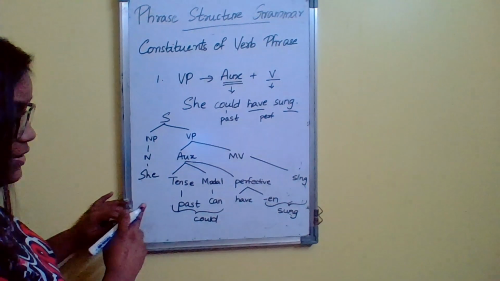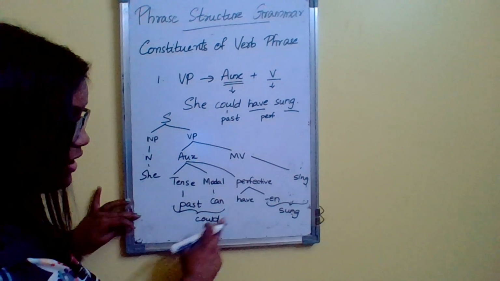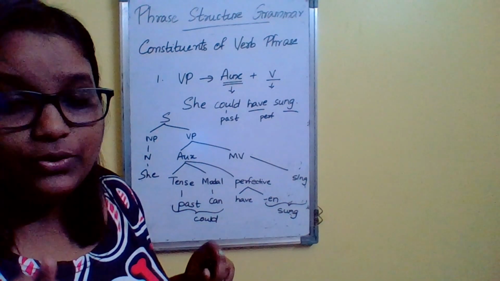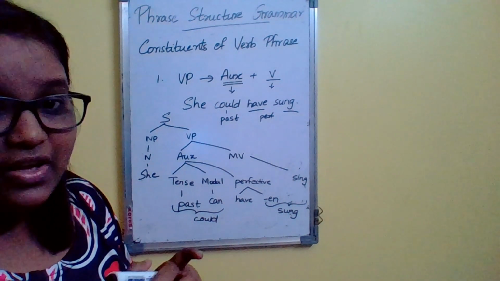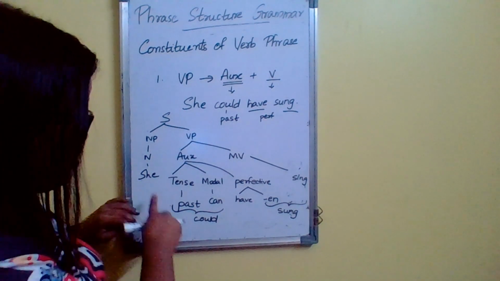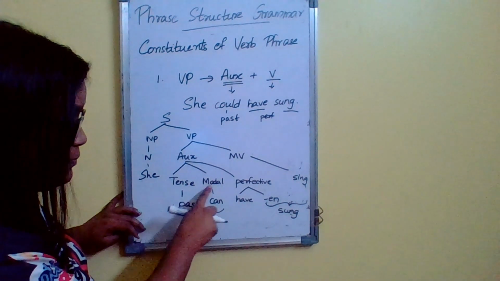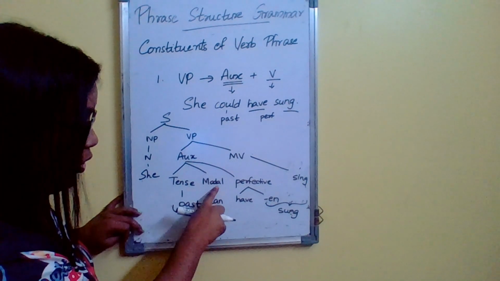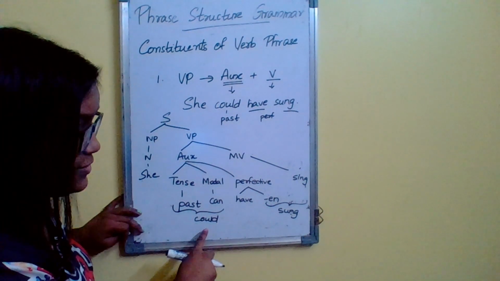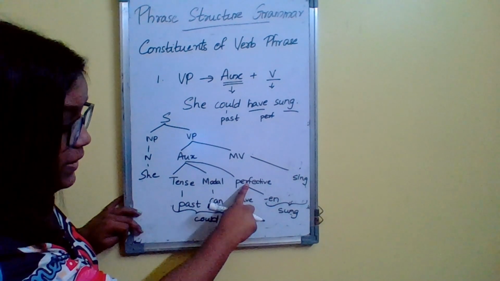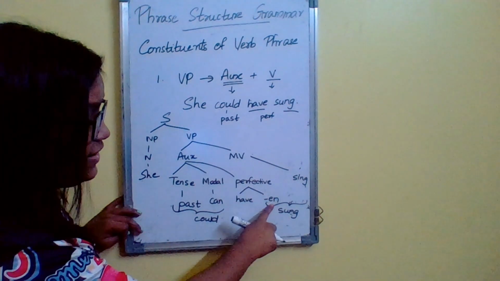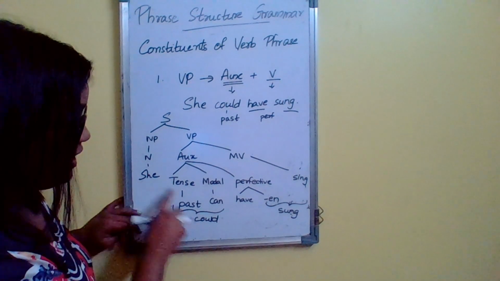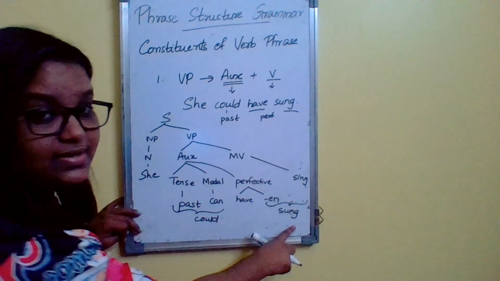Now let's look at it. She could have sung. So this is how we do a tree diagram analysis of this particular sentence. She, then tense plus modal plus perfective. Tense is past tense, modal is can, past of can is could, and then perfective is always have and en plus sing is sung. She could have sung.